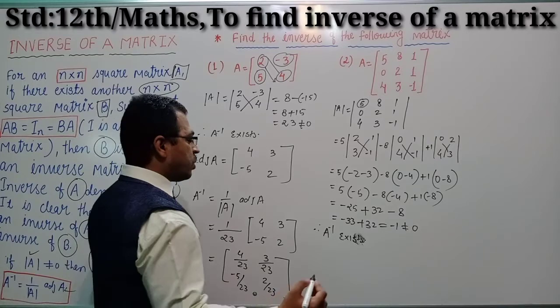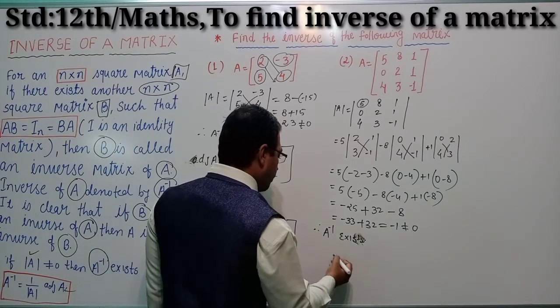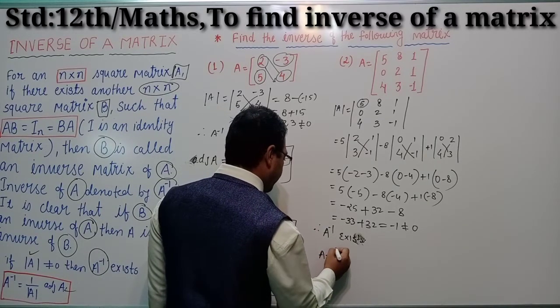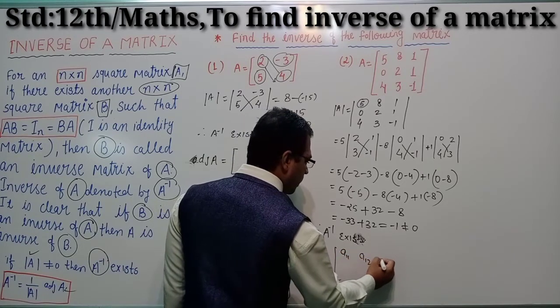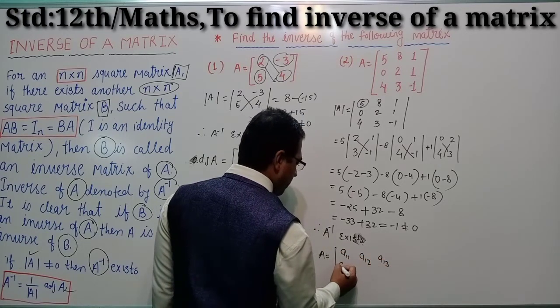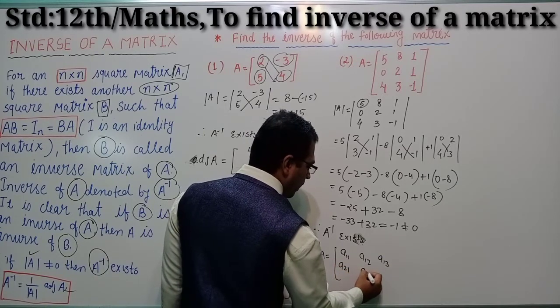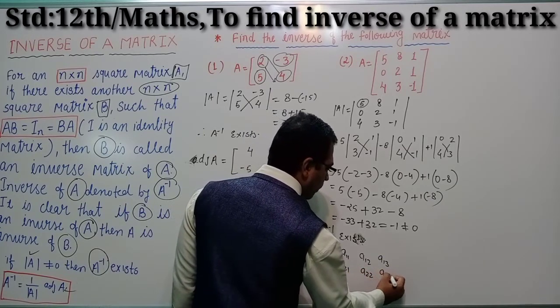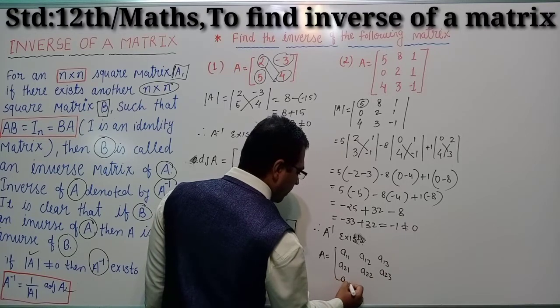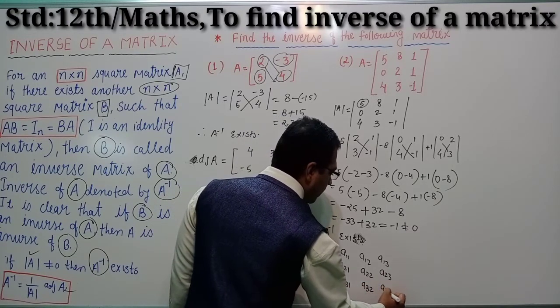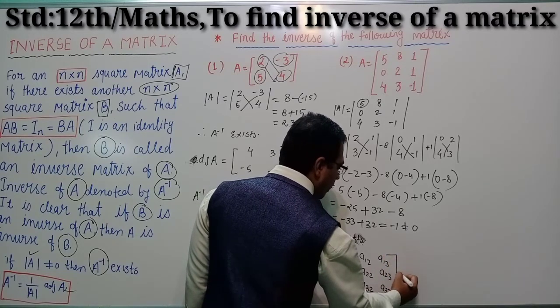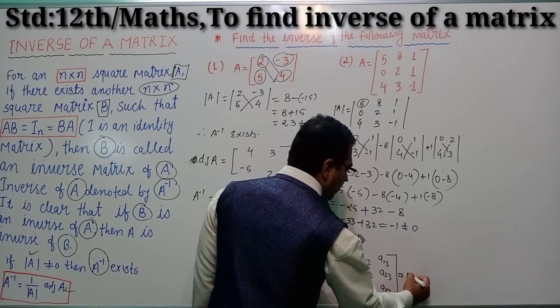So we know how to find the adjoint of matrix A. Suppose you have a matrix A having elements A11, A12, A13, A21, A22, A23, A31, A32, A33. So what will be the adjoint of A?